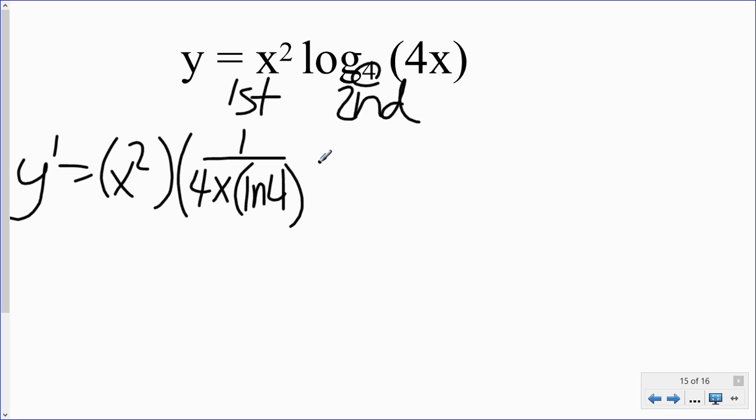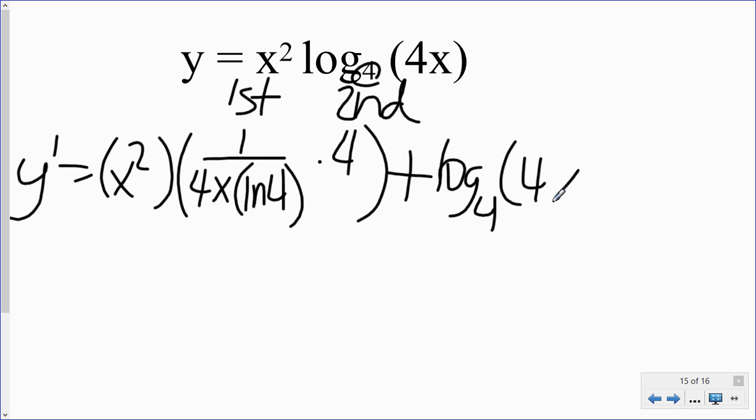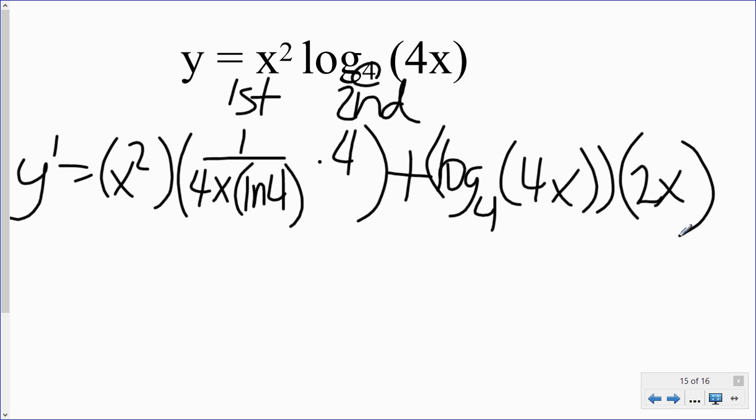Okay, times the derivative of 4x, which is 4, plus our second function times the derivative of the first function, derivative of x squared is 2x.